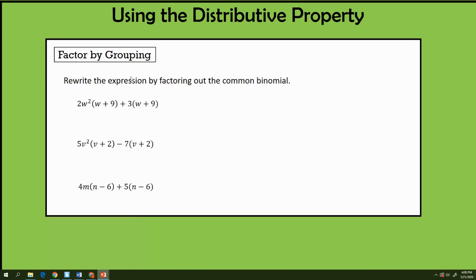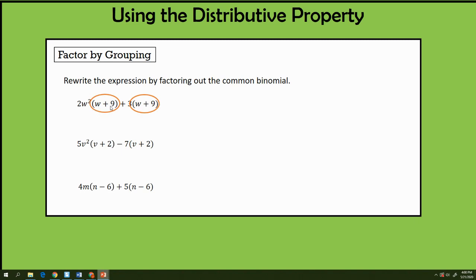Okay, the first thing we're going to do is really kind of like the finishing step that you would do to factor by grouping. What I want you to see here is this is really a binomial with two terms. This is a product, so that's my first term. This is a product, that's my second term. Now looking at these two products, what do they have in common? Well, they have this binomial w plus 9 in common.